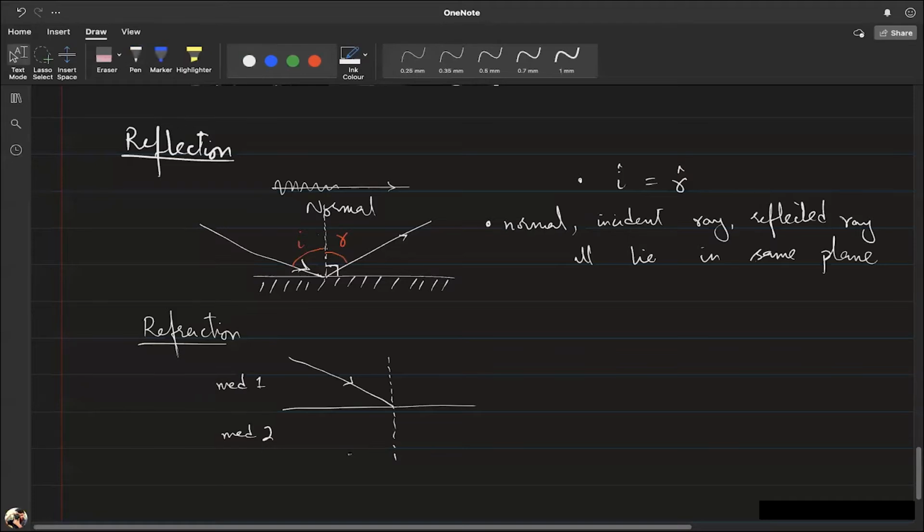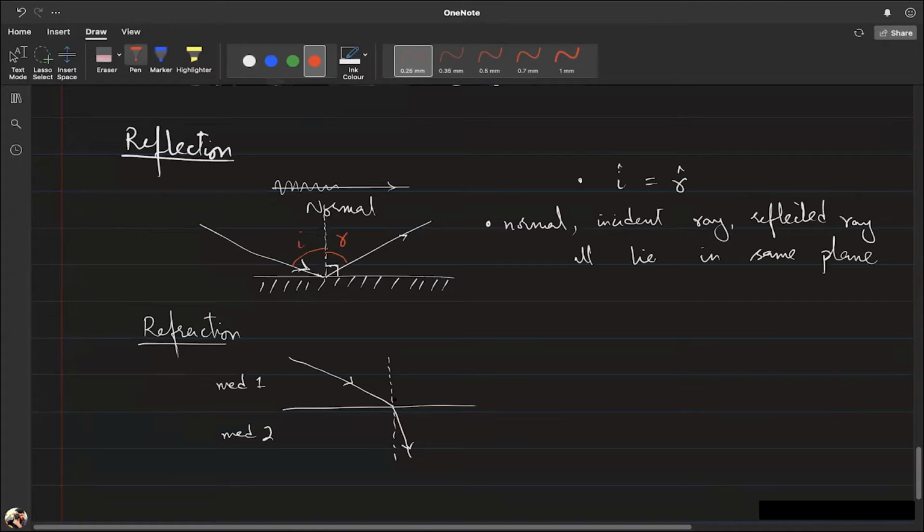So if you want to reach somewhere in the same time, and you're going slow, you will take a shorter path, right? But if you're going fast and you want to arrive at a certain time, it doesn't matter whether you take a longer path or not. That's exactly what light does here. Because it's gone into a medium that is denser, where it is going to be slowed down, that would mean that it needs to take a shorter path. So how does it take a shorter path? By bending towards the normal.